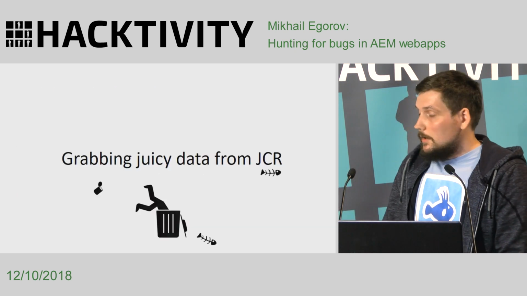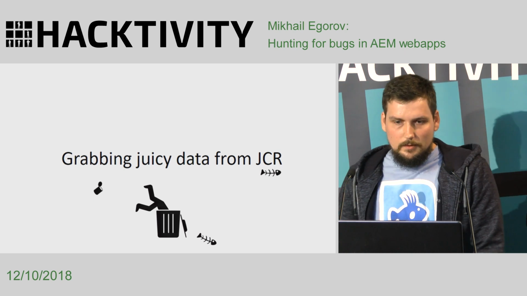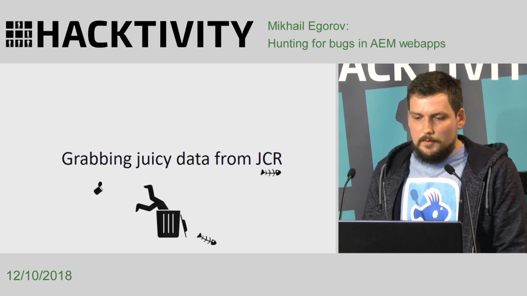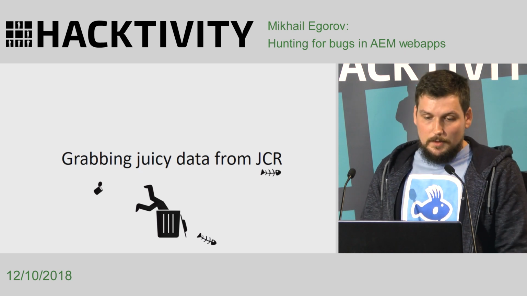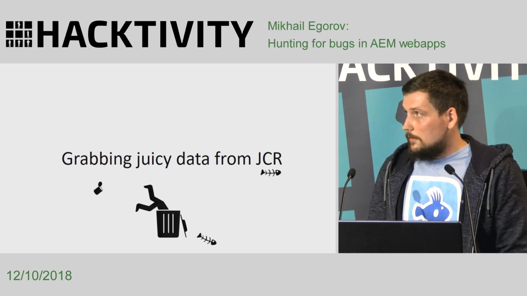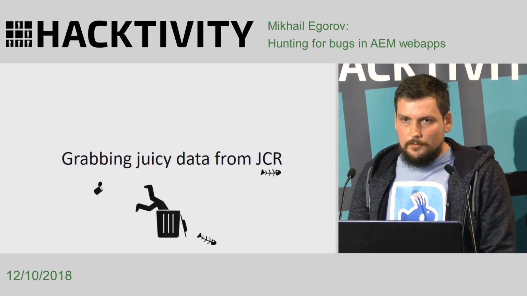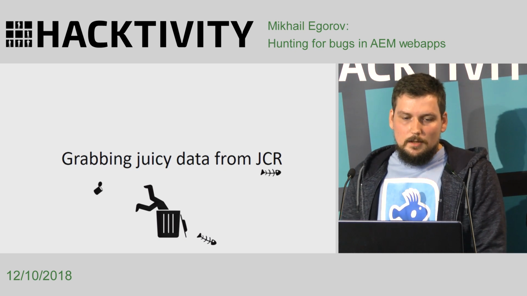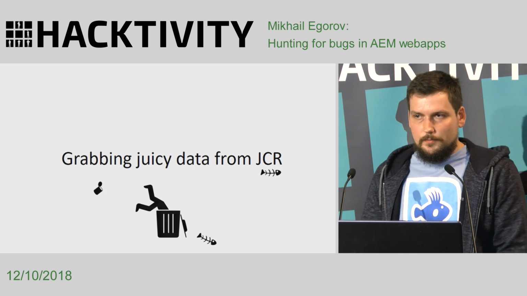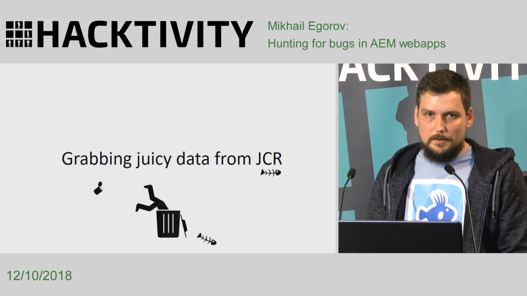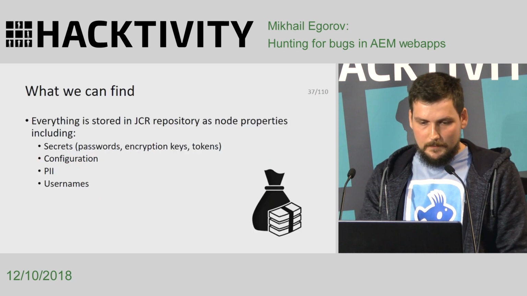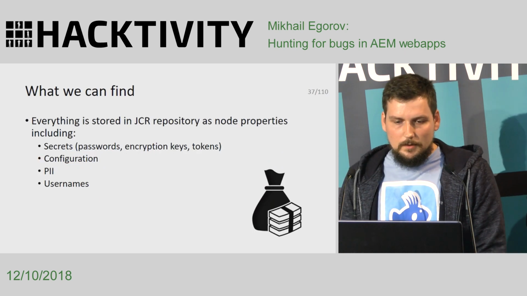Everything in AEM is stored in the content repository that represents a tree structure. And that's important. And you feel like a dumpster diver when you're trying to find some valuable data out of this huge and messy content repository during pen testing. What gems can you find?